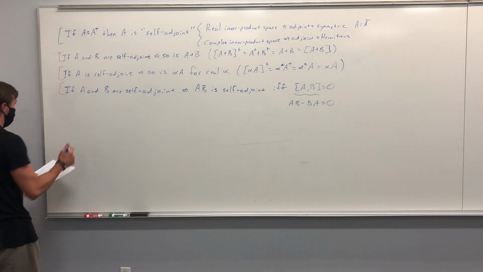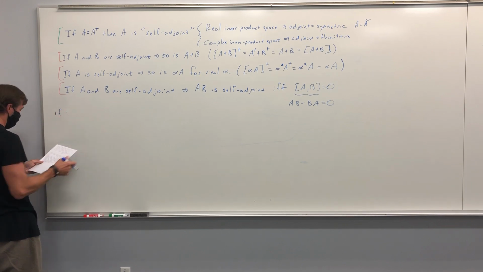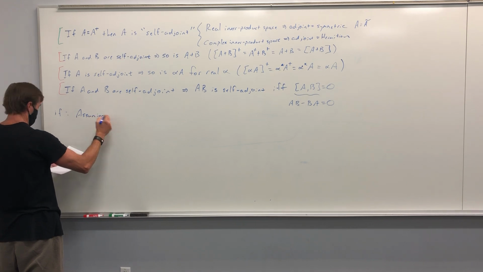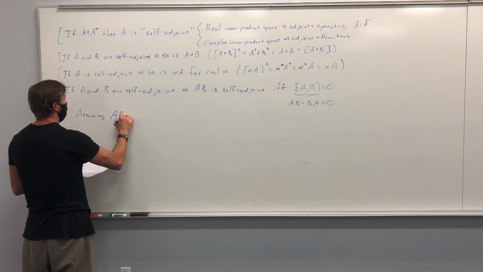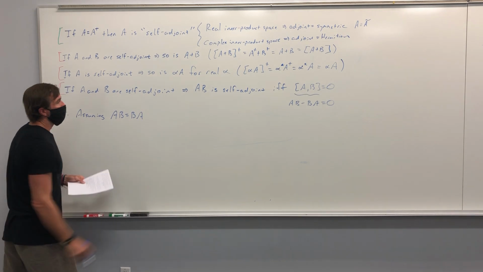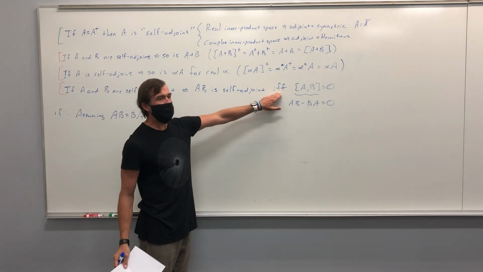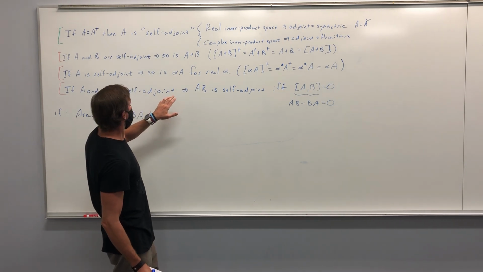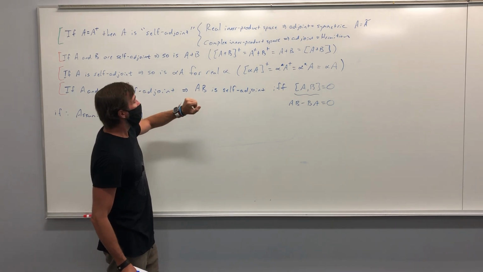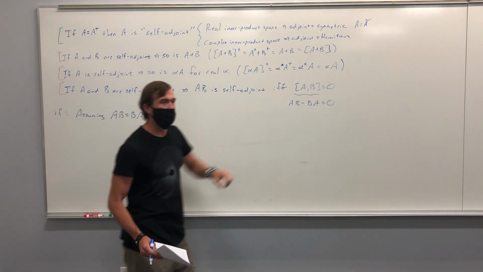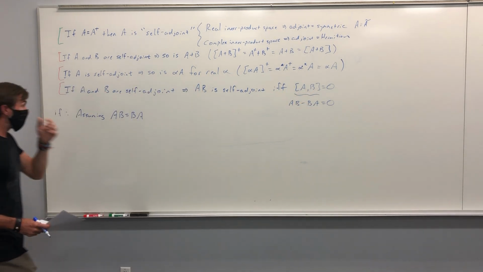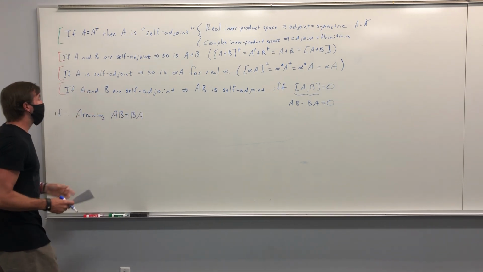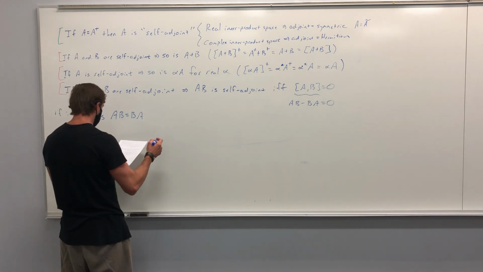Let's do the if direction first. Assuming they commute, this is an if, which means that if this is true, this is true. But it also means that if this is true, then this is true. So we're going to start with: if A and B commute, then AB is self-adjoint if A and B are individually self-adjoint. Here we go.